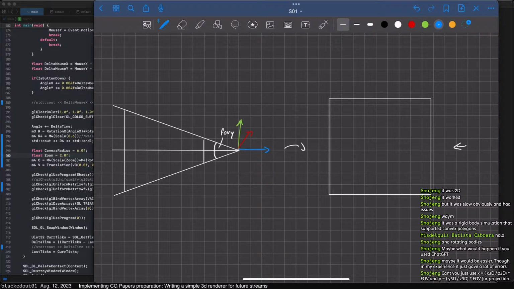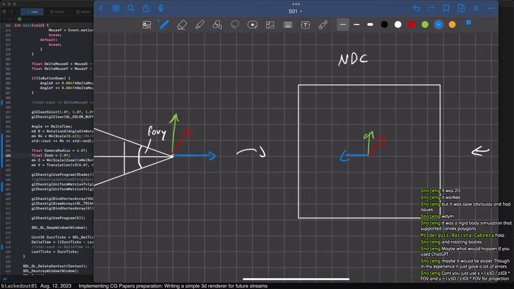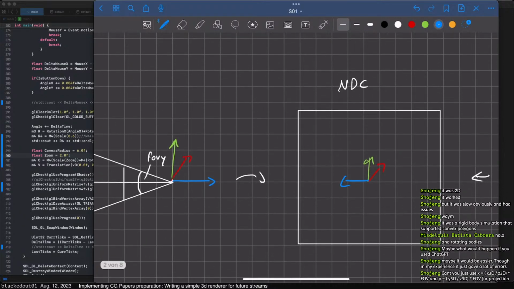But the origin of the cube is in the middle, in the center. And also, so this is NDC. Also, the cube is a left-handed coordinate system, which is really weird, but that's just how it is. And each of the corners here is 1 or -1.